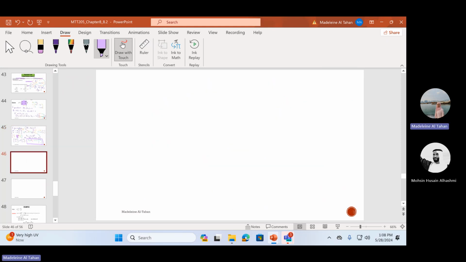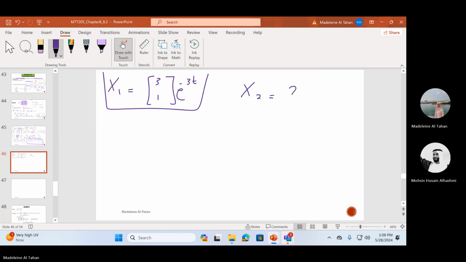So the first solution x1 equals the eigenvector that we found, 3, 1, e power lambda t, and what's our aim to do? Find x. Yes, we found all independent eigenvectors. So from where should we bring other eigenvectors? We don't have, right? So what do we need to write now?